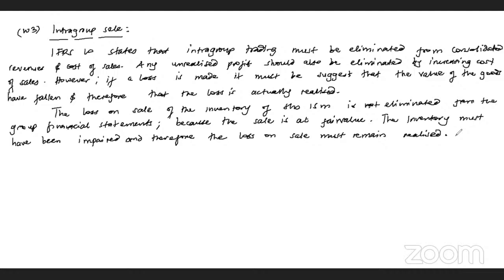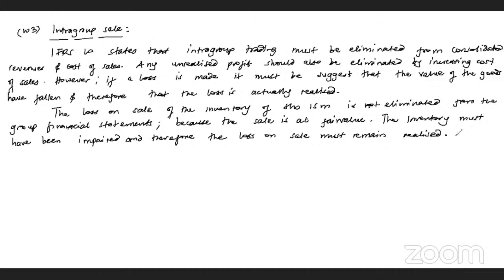But if it's a profit, it has to be eliminated. Any unrealized profit must be eliminated. But if it's a loss, the loss has to be recognized. So you leave it in your group financial statements. Don't do any adjustment on inventory, and don't do any adjustment on the group retained earnings, as though you're eliminating that loss of 15 million.